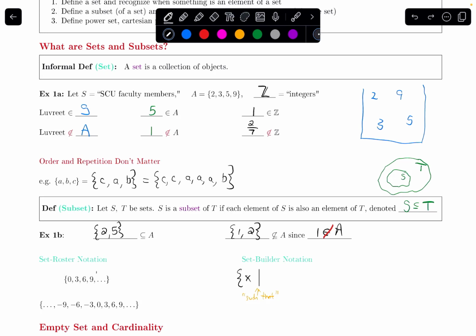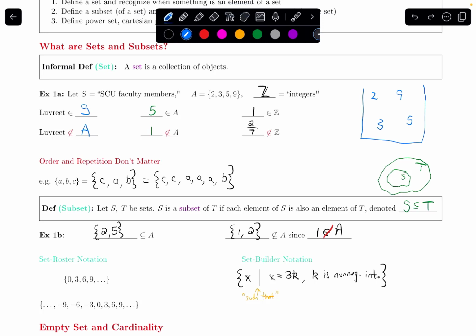So the way I can describe these multiples of 3 is I could say, well, x is equal to 3k, because that's what a multiple of 3 would look like, where k is a non-negative integer. So in other words, greater than or equal to 0. And that would be a description of this first set in this set builder notation.